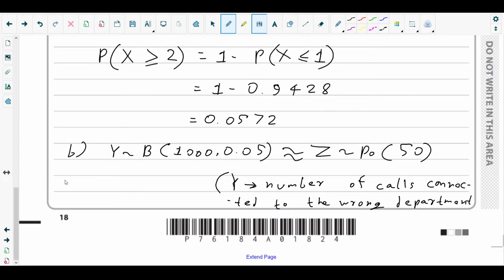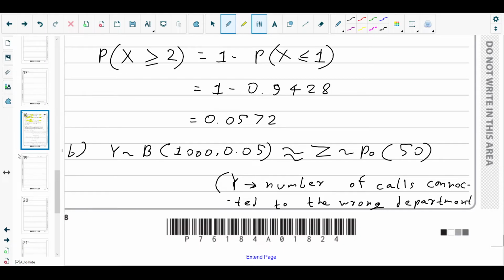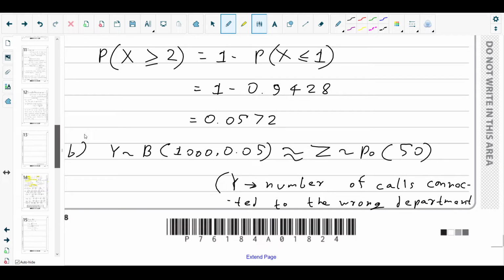This is the variable Y. It has been approximated using a Poisson distribution with mean 50. Now the question asked for how many?